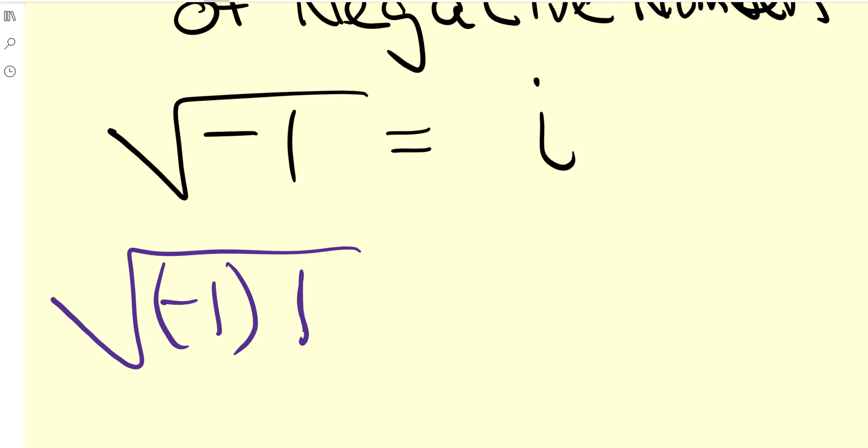Then I could say the square root of negative 1 here is i. So I could simplify this by taking the i outside, and then what's left is the square root of 1, which equals 1. So this would just end up equaling i for that particular problem.